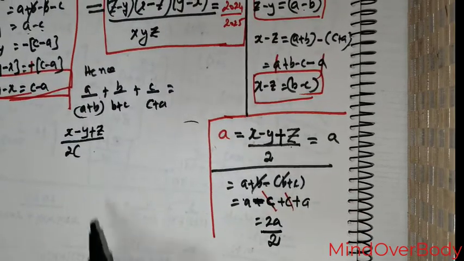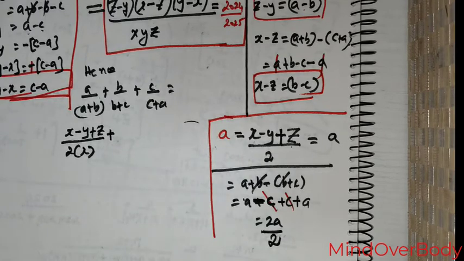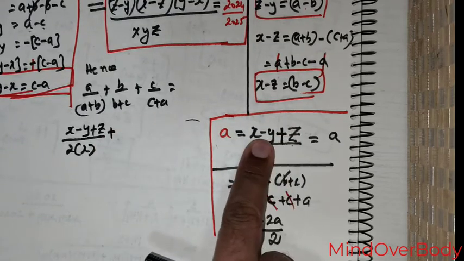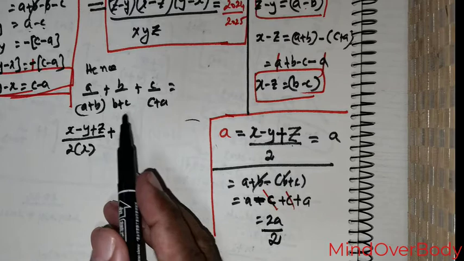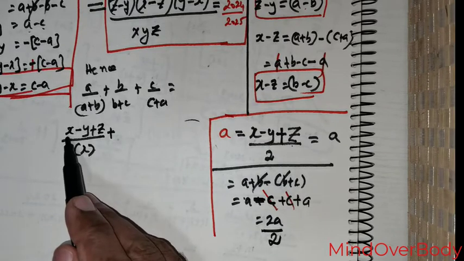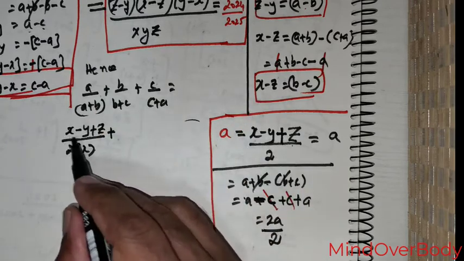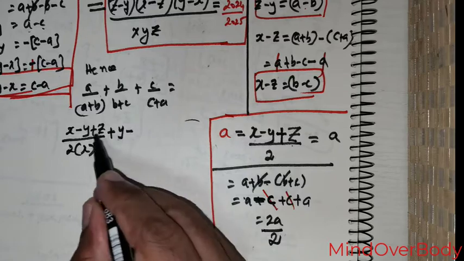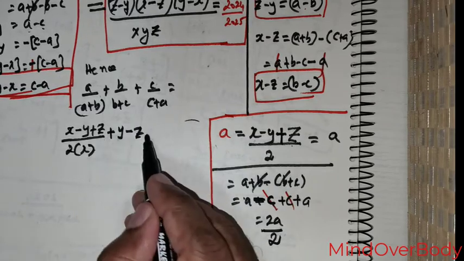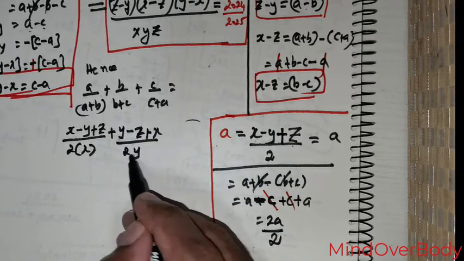So we can just directly substitute that. This is equal to X. Now we need to make the substitution for B by using the same idea. This starts with A, so that starts with X. So all you need to do is just keep changing one term. If this is X, this will be Y. This is Y, so this is going to be Z. If this is Z, this is going to be X. You can check it out.